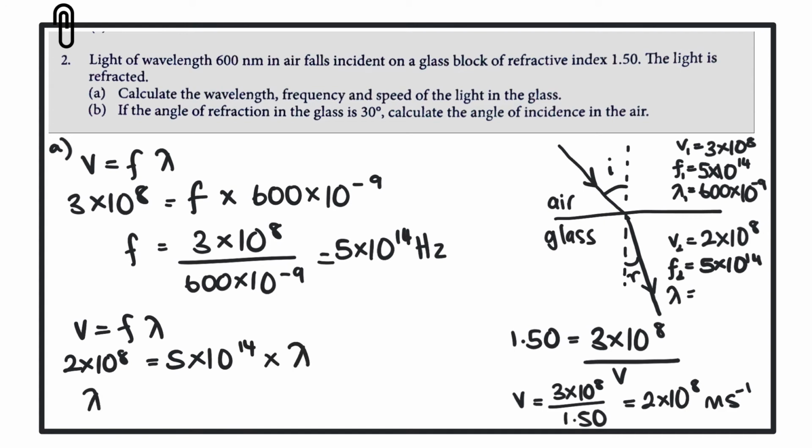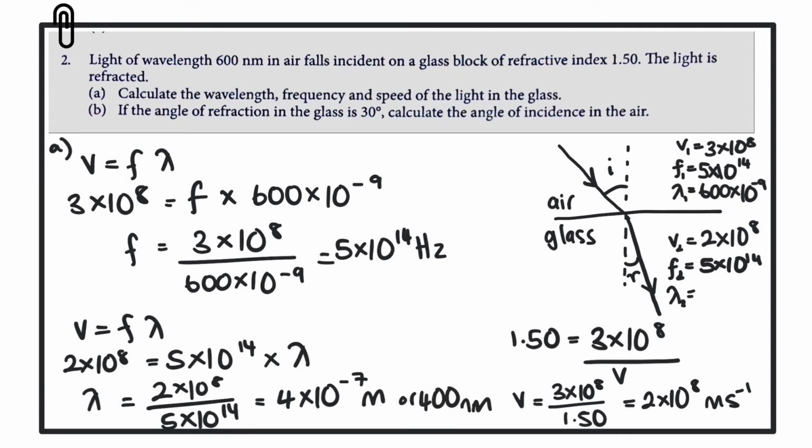So lambda is 2 by 10 to the 8 divided by 5 by 10 to the 14, which is 4 by 10 to the minus 7 meters. Or if we wanted to convert that into nanometers, that would be 400 nanometers.